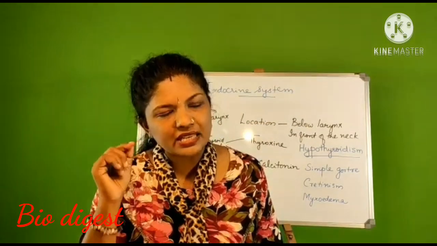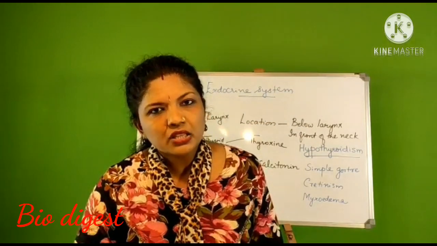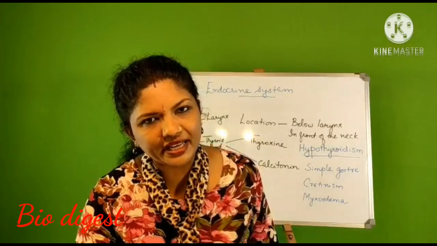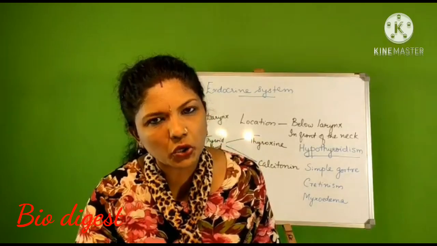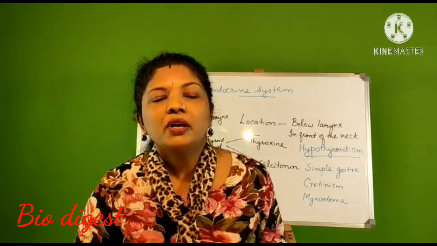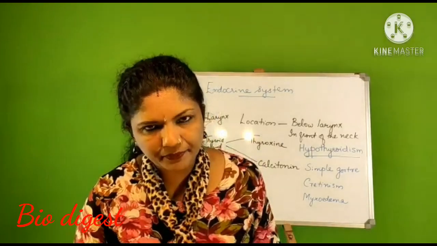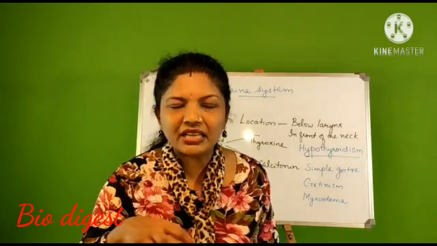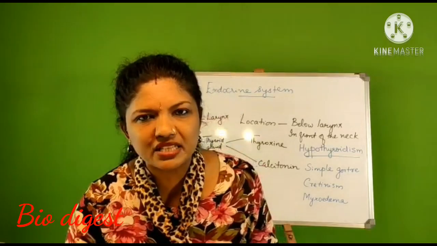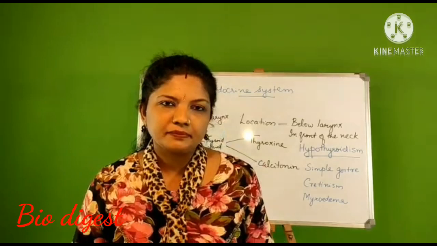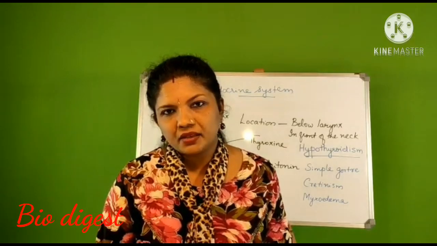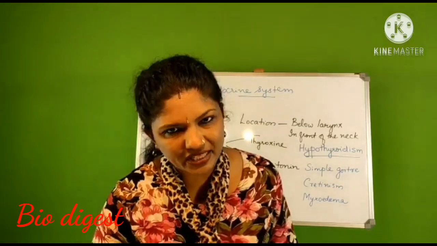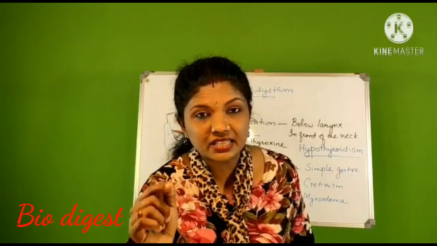It is because in hilly areas, the soil is deficient of iodine and hence the food crops grown in that soil also will be deficient of iodine. Because of this, the people living in hilly areas will be affected with simple goitre. That is the answer. This usually comes for the board exam as a give reason type of question.